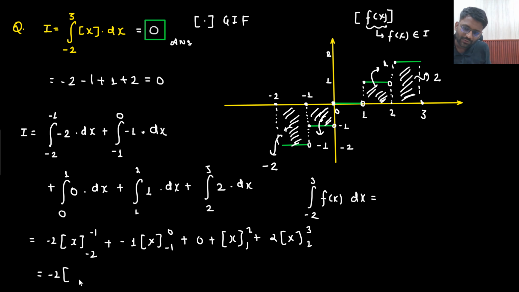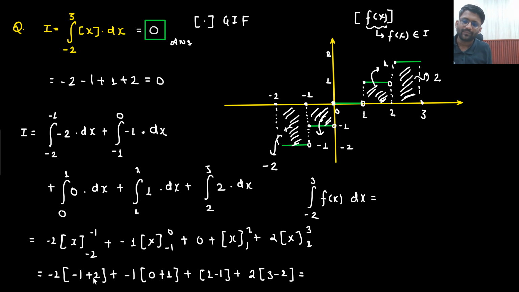So minus 2 outside, -1 plus 2; -1 outside, 0 plus 1; then 2 minus 1, then 2 times 3 minus 2. Here it will become -2, then -1, then 1 plus 2. What is the answer? 0. This is the answer.